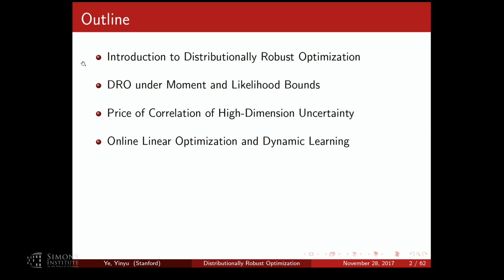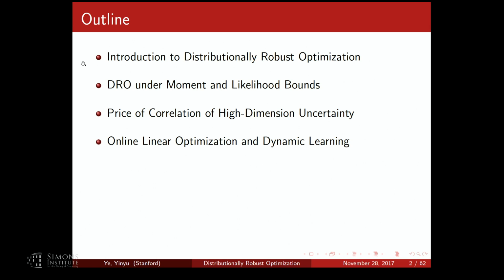And we don't know what the distribution is. We just assume all the random variables are independent. So what price can you pay, and for what kind of optimization problem is that actually a safe assumption? Then finally, I'll talk about online linear optimization, also related to dynamic learning.